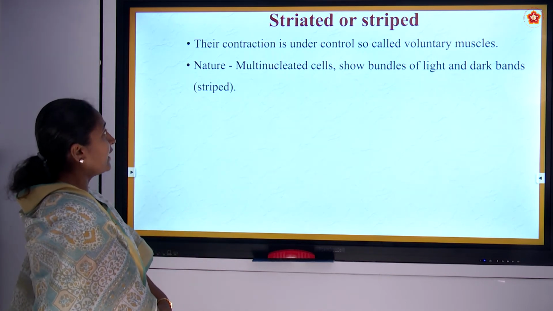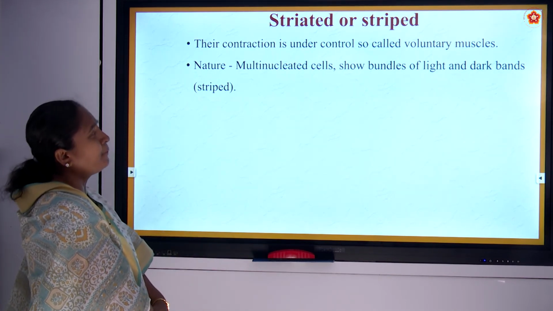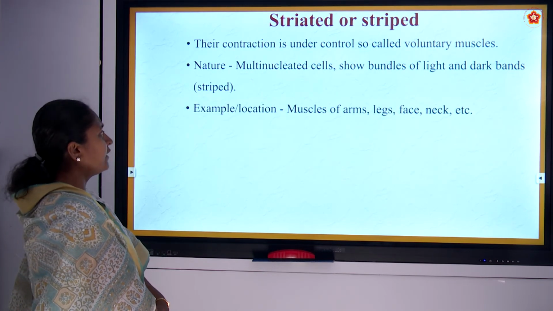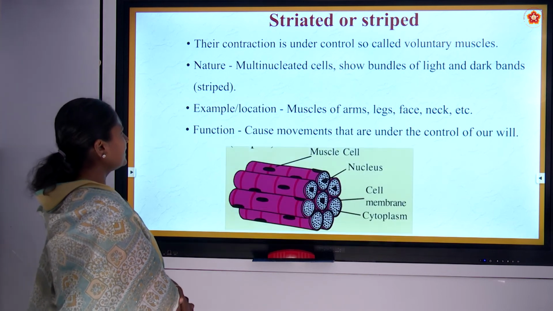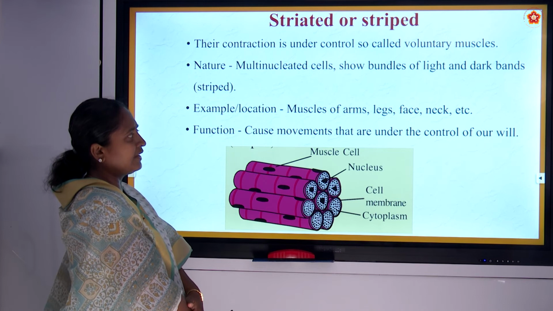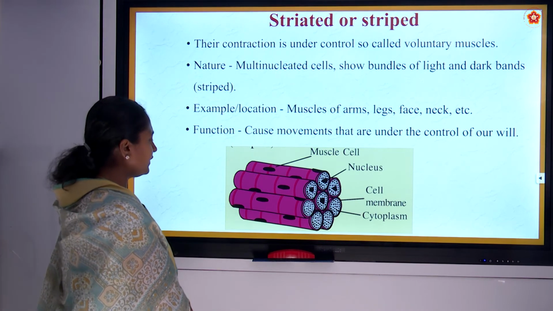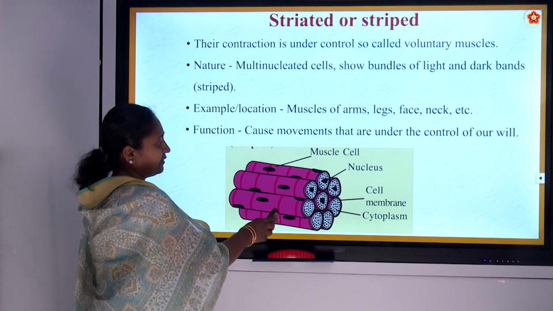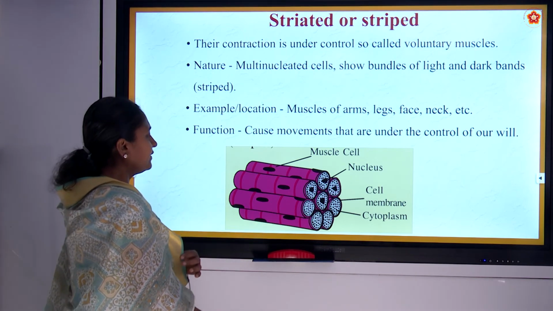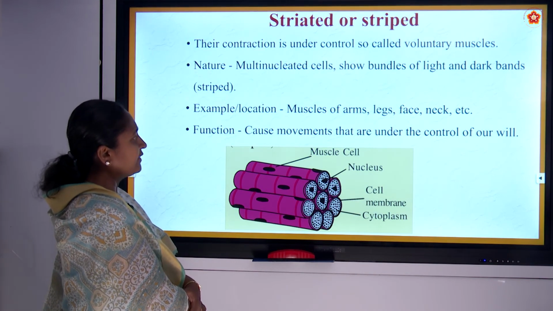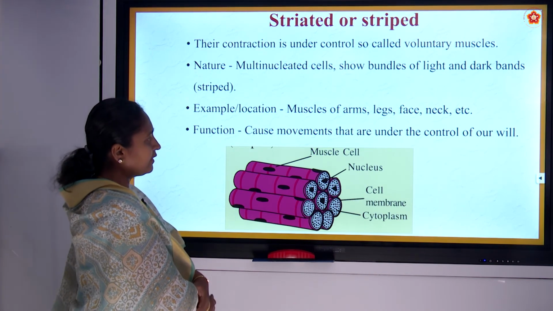And apart from that, muscle cells have bands present. They are light bands and also dark bands. They are present in arms, legs, face, everywhere. In this figure, you can see the striation which is present, right? These are nothing but the stripes present in the cells, and each cell will have its own nucleus.